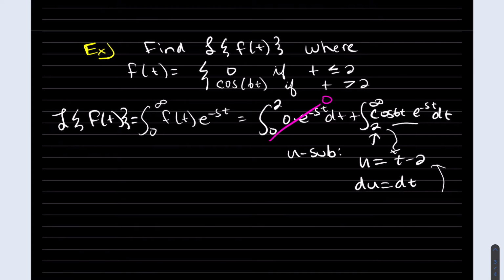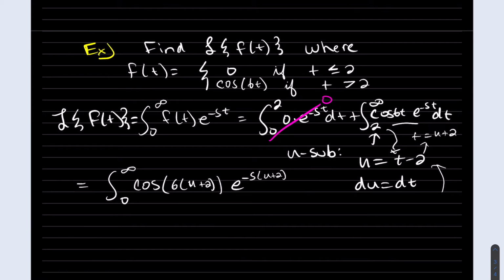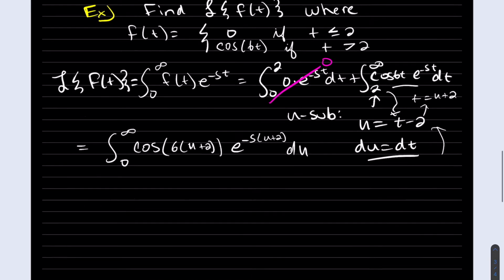So this is equal to the integral from 0 to infinity of cosine. We are going to have to substitute for t: t equals u plus 2, and change that to du. They're equal.